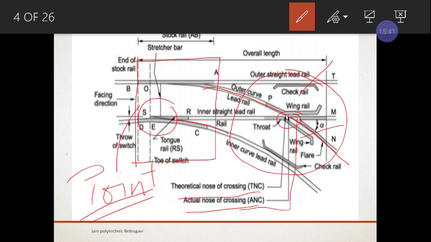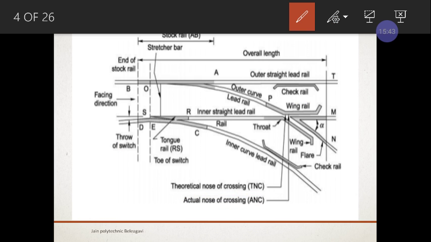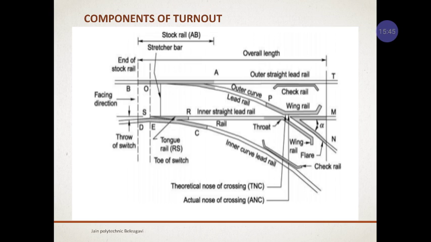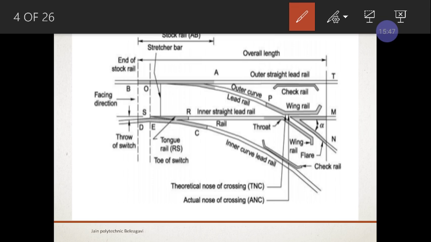Okay, the point where two rails meet, that point is called the nose. Here also the two rails are meeting, so that is called the nose.